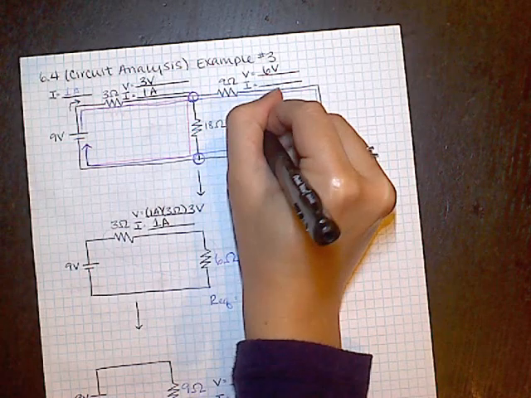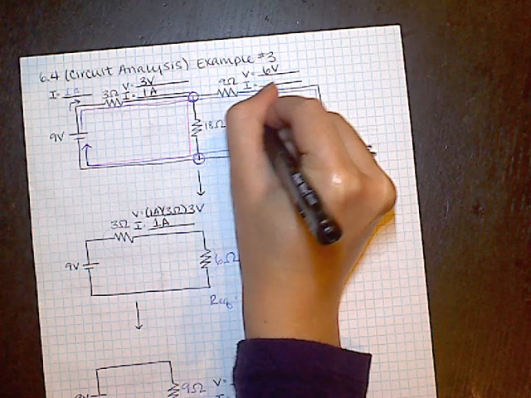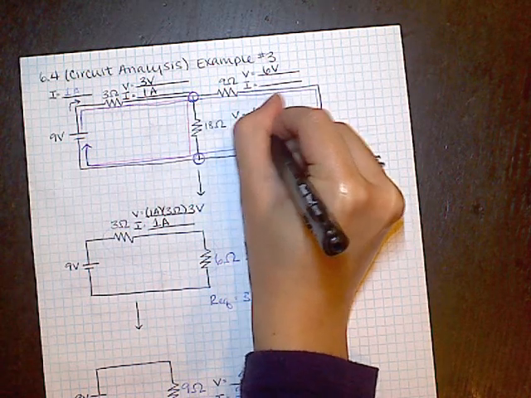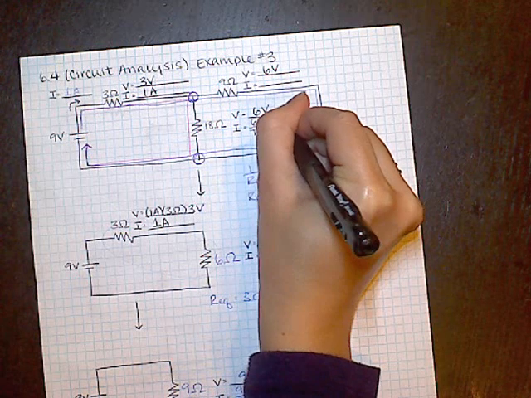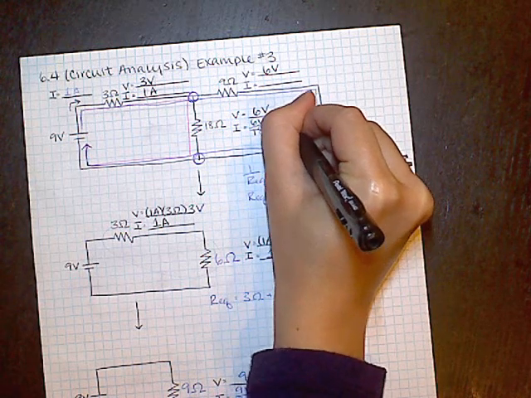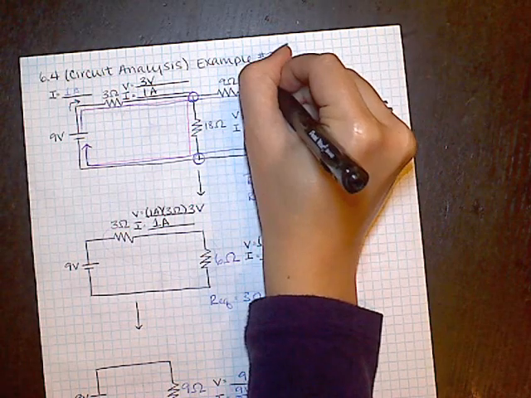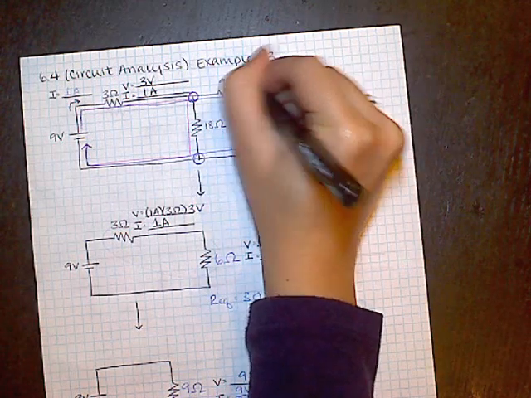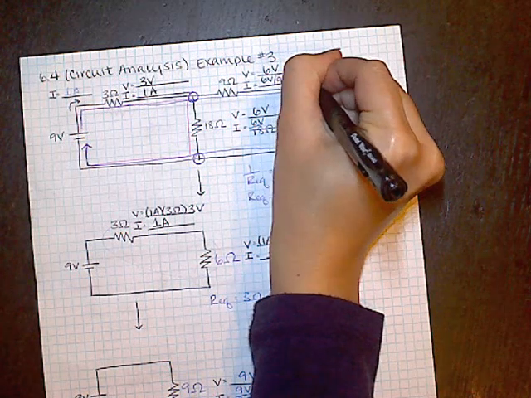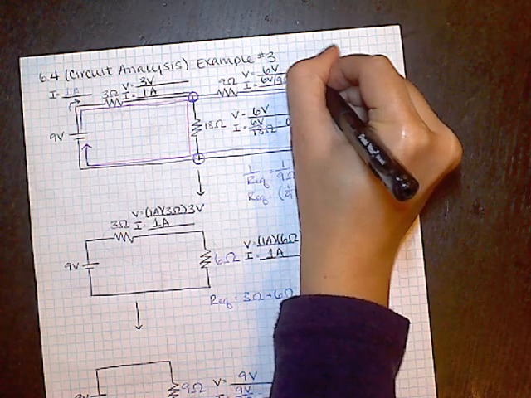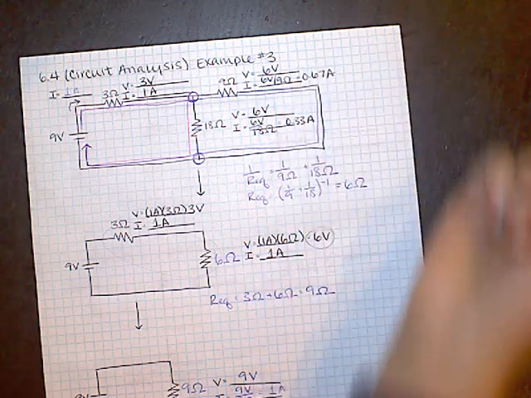So right here, current's going to be equal to the 6 volts across this resistor divided by 18 ohms, so that's going to give me 1/3 of an amp, 0.33 amps. And then over here, I've got a voltage of 6 volts divided by 9 ohms of resistance, which is 2/3, or I'll just round to 0.67 amps.